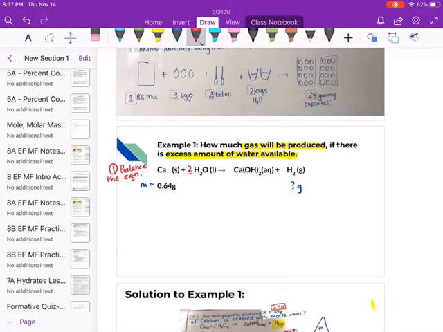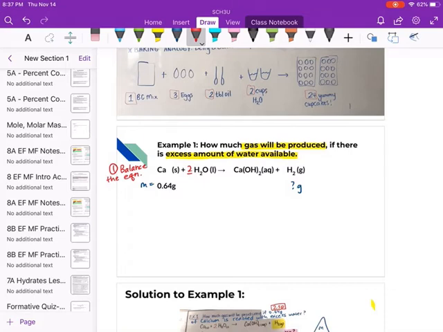We need to put 2 in front of the H2O so that there are 4 hydrogens on the left side and 4 hydrogens on the right side of the reaction equation. And there are 2 oxygens on the left and 2 oxygens on the right. So first step, we have balanced the equation.